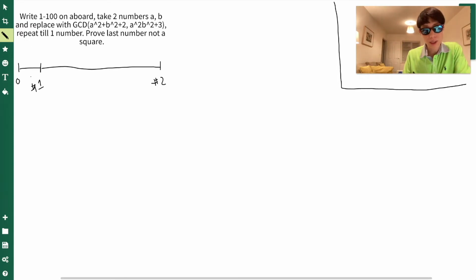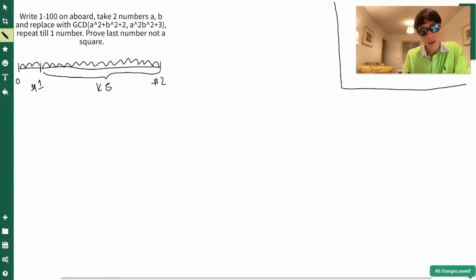In order to divide both of them, you're going to have to divide the first number, and you're also going to have to divide the second number, but after dividing the first number, what you're really doing is dividing the difference. And this is key, as we'll see when we take the difference.